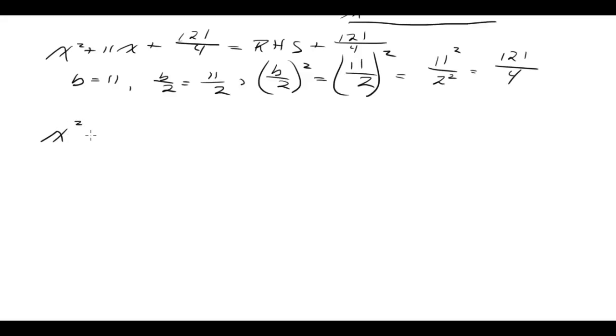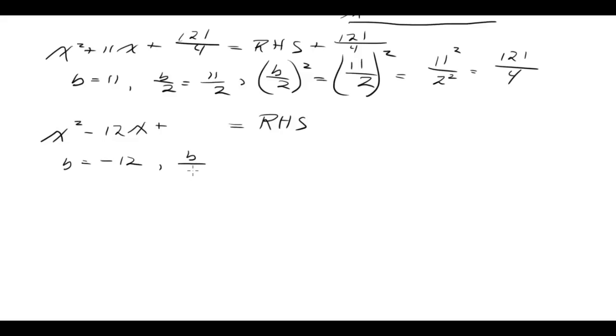So now I've reduced my left-hand side to x squared minus 12x. And I've got some constant over here on the right-hand side. So what do I put in here? Well, it's going to be a plus again. And now b equals minus 12.